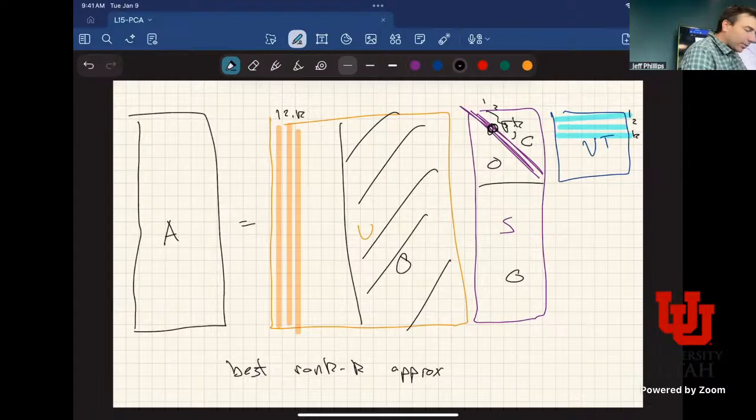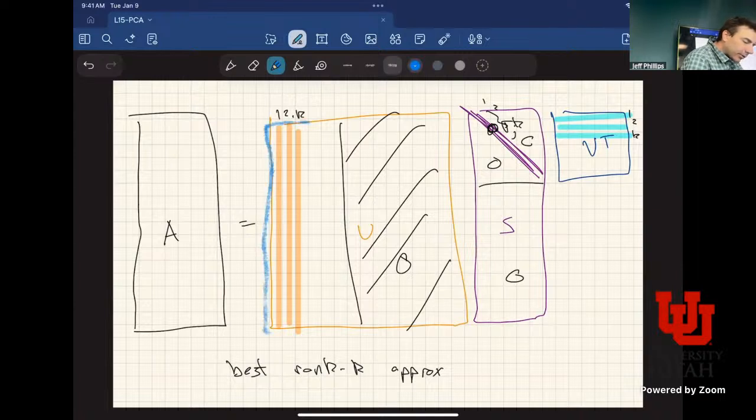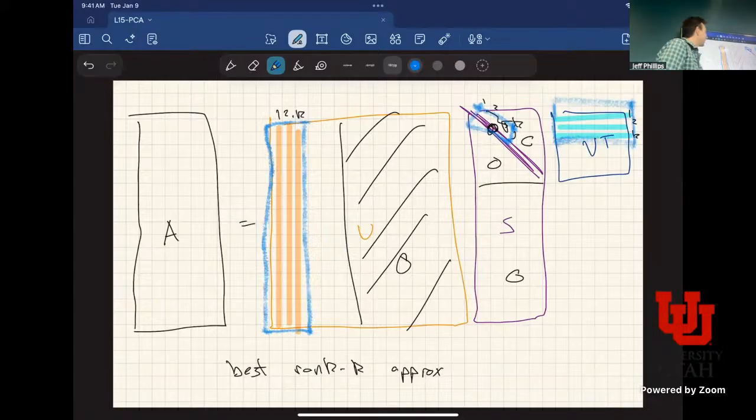Then what I'm going to do is take this range here, this part of k, these top k things, and these top k. Okay, so these terms, this I'm going to write as u sub k.